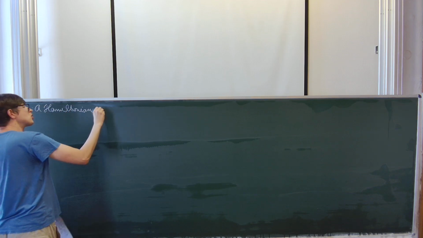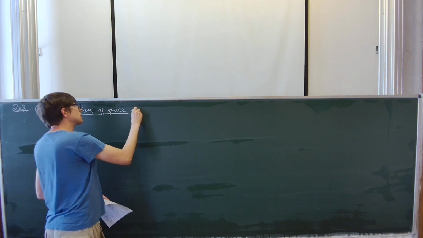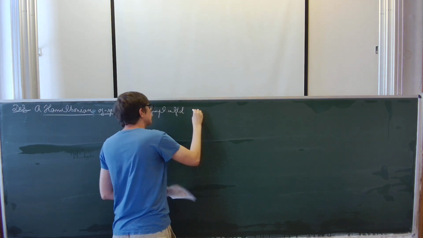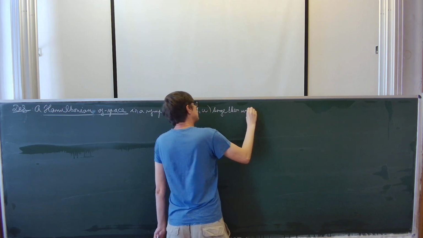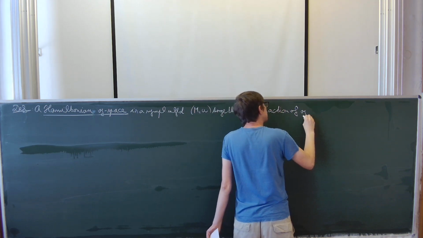This is an established notation, or maybe not, but it doesn't matter: a Hamiltonian small g space for the algebra. This is a symplectic manifold (M, omega) together with an action of the algebra on M.